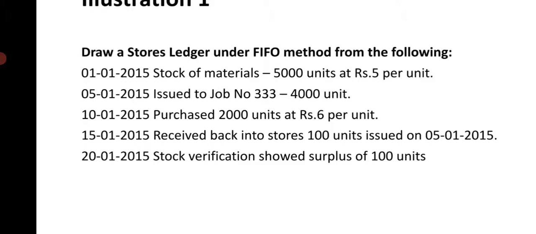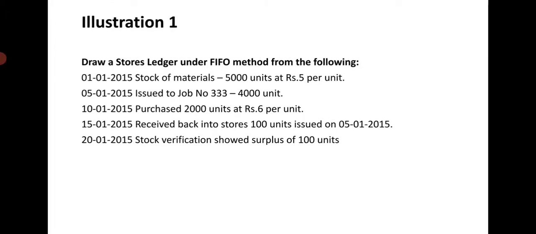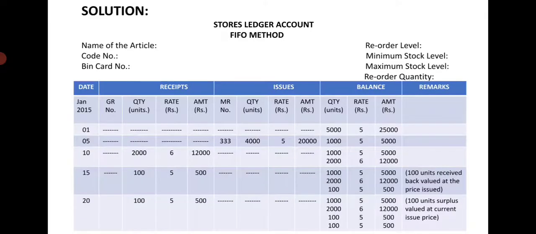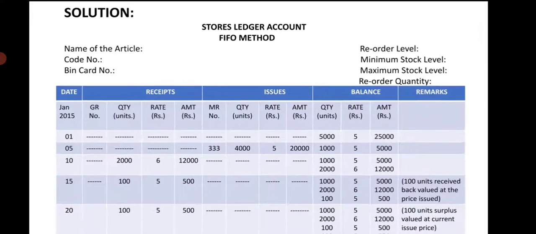On 10th January 2015, purchased 2000 units at rupees 6 per unit. On 15th January 2015, received back into stores 100 units issued on 5th January 2015. On 20th January 2015, stock verification showed a surplus of 100 units. This is the problem and we will solve it.